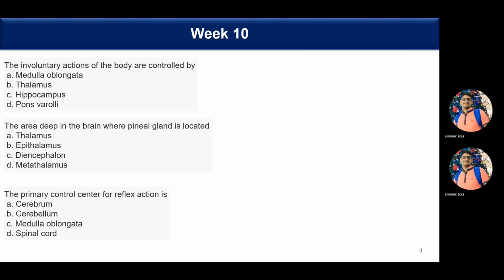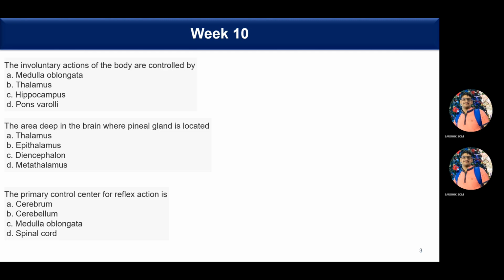Thalamus, hypothalamus, pons varolii are all part of the forebrain or prosencephalon. It includes the cerebrum, diencephalon, and olfactory lobes.